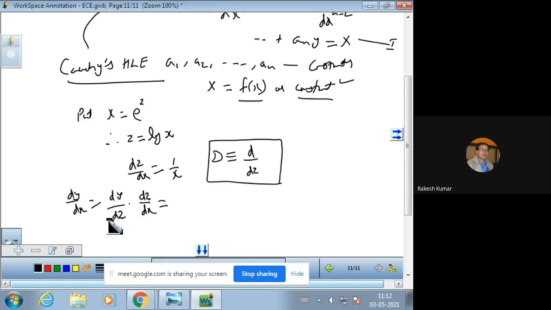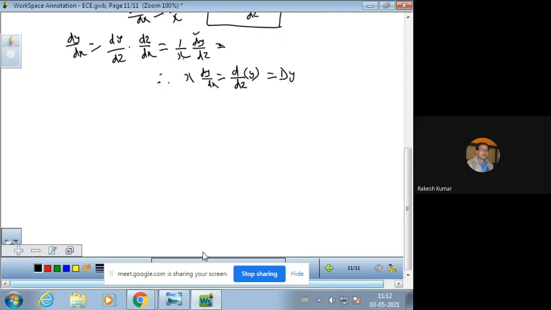Taking dz here and dz here, they cancel and dy by dx comes. And this derivative dz by dx we have. So it is 1 by x dy by dz, where we have taken capital D as the differential operator in place of d by dz. So we can say that x dy by dx, taking x to this side, can be written as d by dz of y, that is equal to Dy.